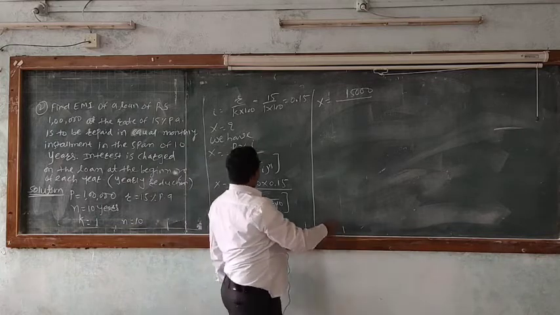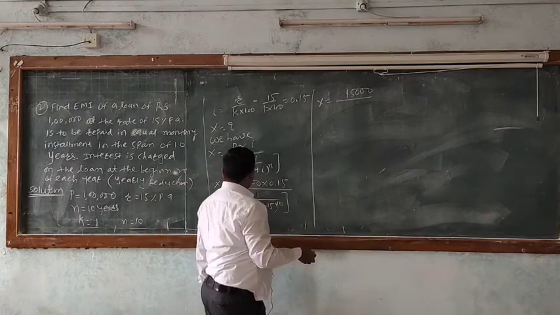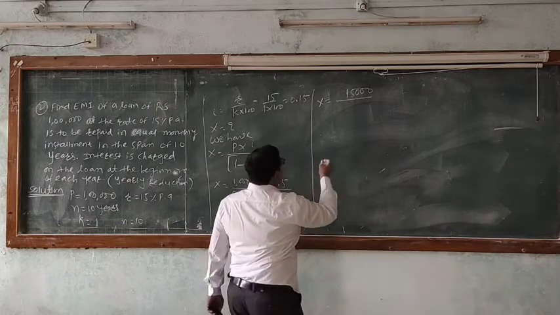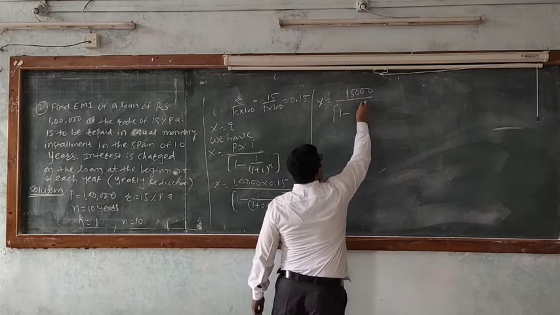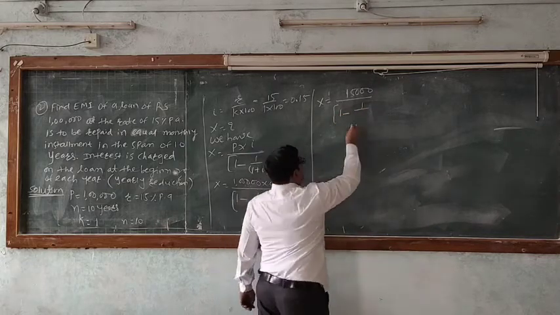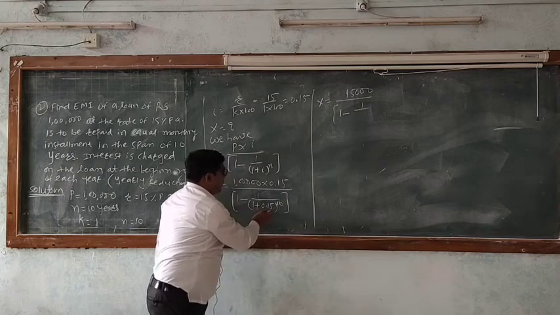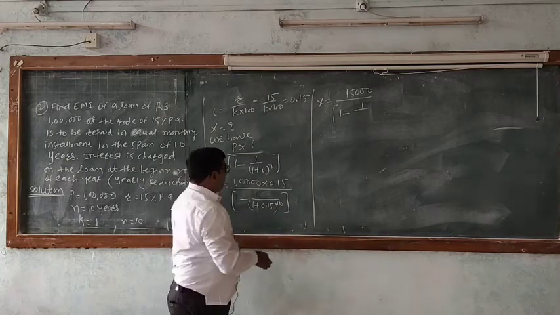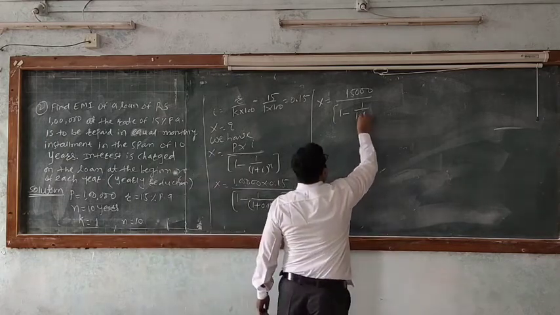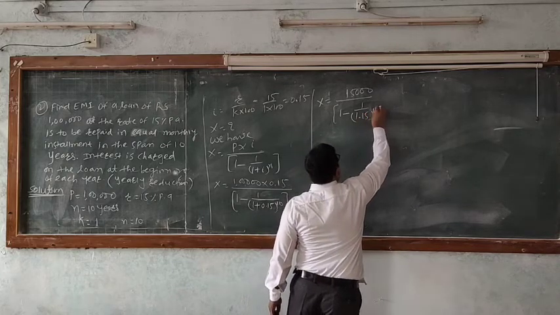Then 1 minus 1 upon 1 plus 0.15, which is 1.15 raised to power 10.